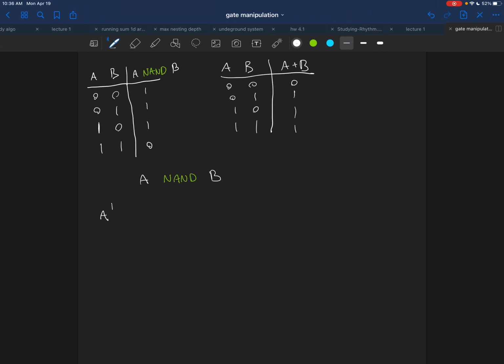Now, A prime is basically the opposite of all of these. So that's 1, 1, 0, 0. Hope that's clear.